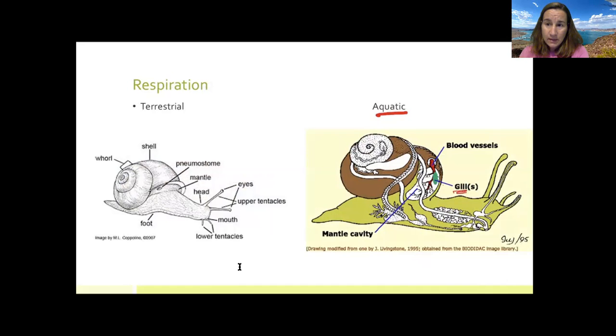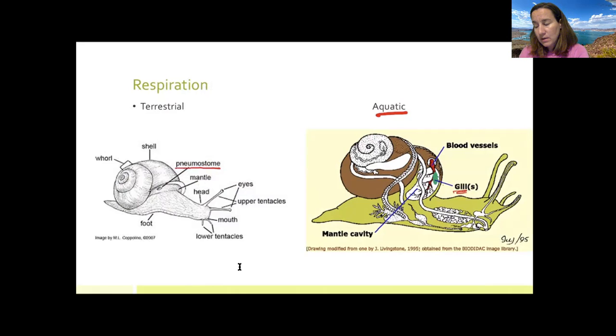If you are on land, if you're a snail on land, roaming through somebody's plants, I had a snail eating all my basil on the back patio. And that stinker is not using gills because he doesn't need gills when he's out of the water. He has an area called a pneumostome, and the pneumostome acts as kind of like a primitive lung for snails. So if you're land bound, you've got a pneumostome.